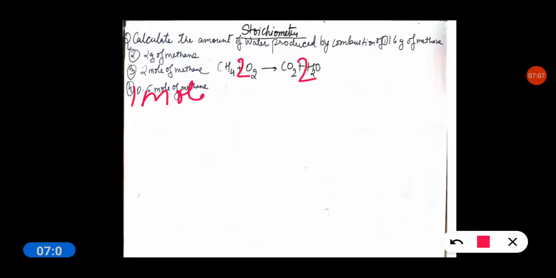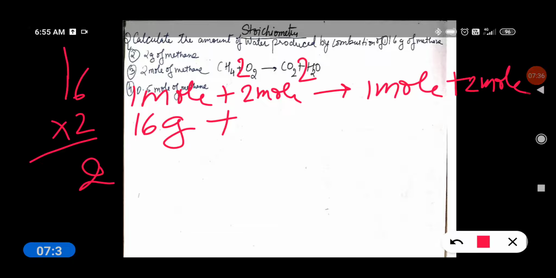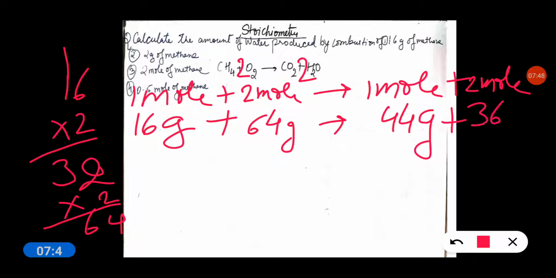When you write in moles, 1 mole and 2 mole give 1 mole plus 2 mole from the equation. 16 gram CH4, then O2 is 16 into 2, multiplied by 2, that is 64 gram. Again carbon dioxide 44 gram and water 36 gram.